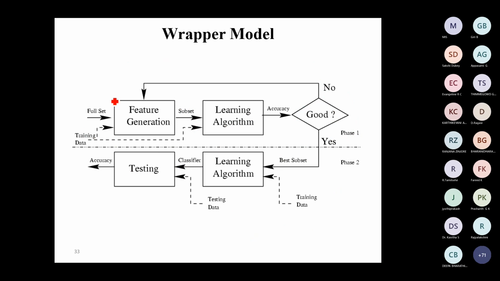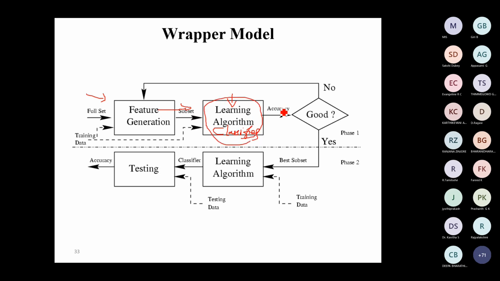The wrapper based model uses accuracy as the evaluation measure, and it uses a learning algorithm. Instead of a distance measure, we use a classifier. So a classification algorithm will be used here. We give the full set, identify a subset, and apply some classification algorithm.